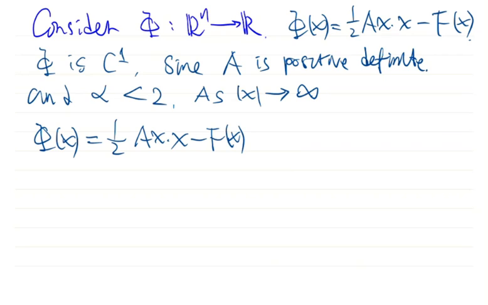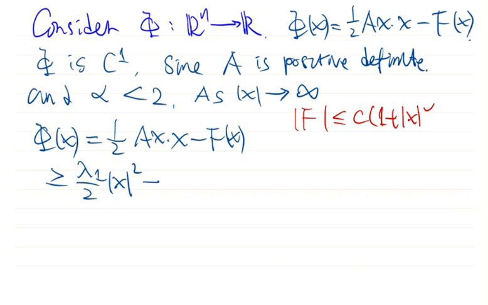We apply the assumption on capital F, and because A is positive definite, this will be not less than half of lambda 1 times the norm of x squared, since Ax·x is not less than lambda 1 times the norm of x squared, minus capital F(x). Capital F(x) is not greater than its absolute value, which is not greater than a constant times the norm of x to the alpha.